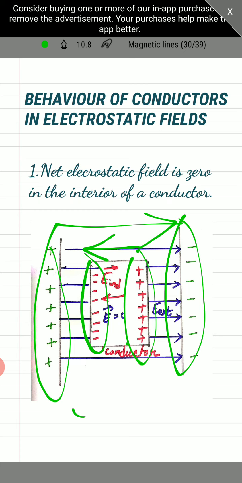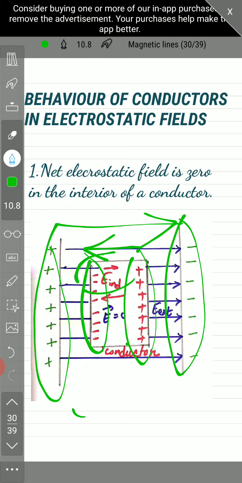It means the net field inside the conductor is 0. So this is the first thing about a conductor, that when it is placed in an external field, there will be no field inside the conductor, or the net field inside the conductor would be 0.